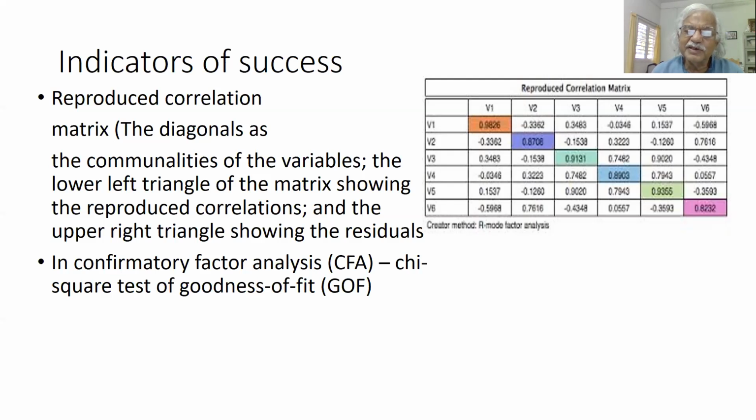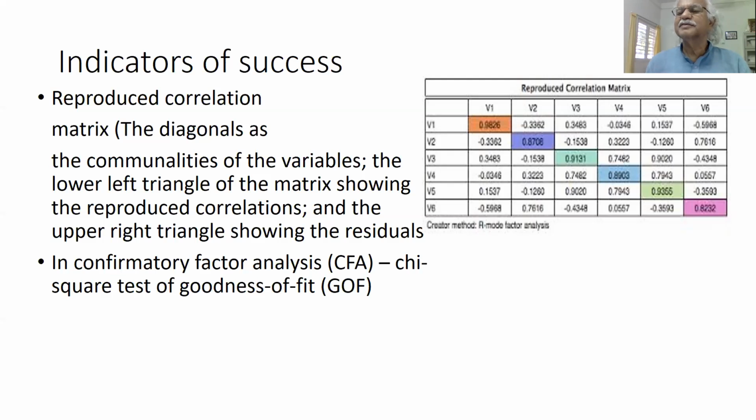The difference between the two is that in exploratory factor analysis, you are only looking for models. You are fitting a model. But in confirmatory factor analysis, you are testing. There are so many measures of goodness of fit. Most of them are based on the concept of chi-square. By comparing two covariance matrices in terms of chi-square, you can check whether the goodness of fit is okay or not.